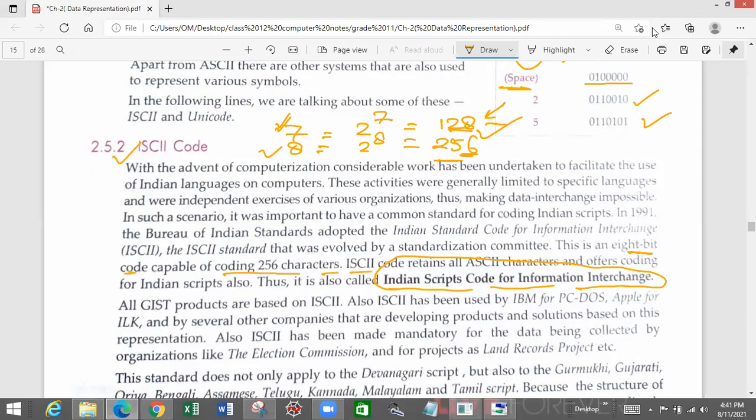ISCII code retains all the ASCII characters and offers coding of Indian scripts also. Whatever is there in ASCII is also there in ISCII code. Apart from that, it also has provision for entering data in Indian languages.